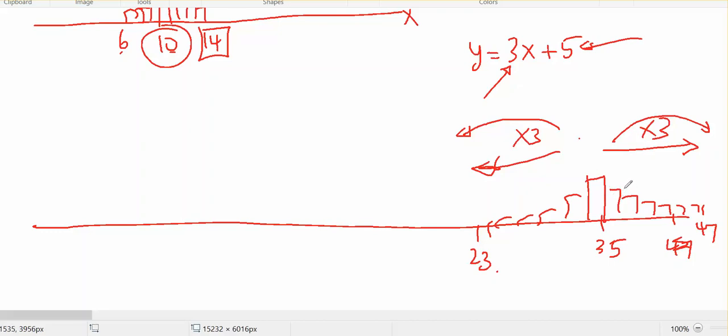Any questions about this? Are you happy that 3 produces a dilation, but the 5 produces a translation?